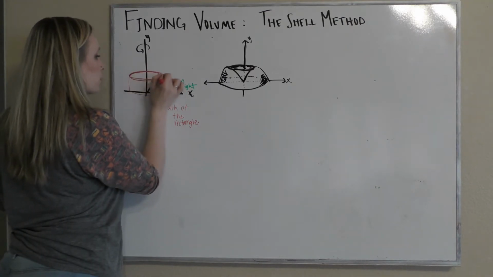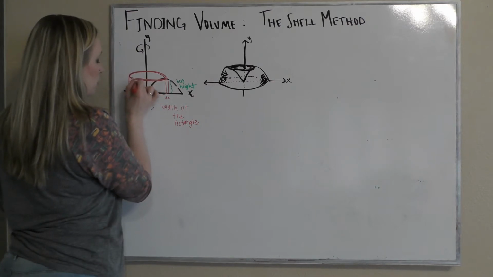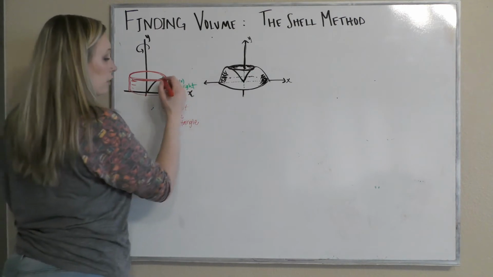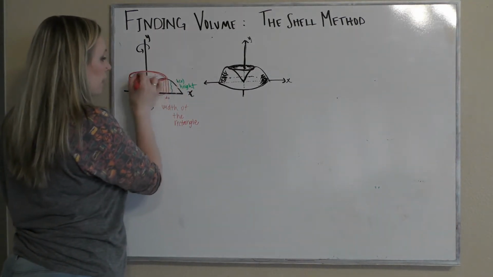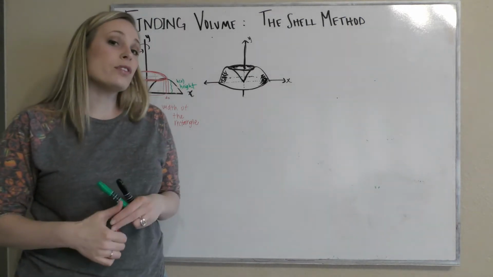The width is right here, and we've got this perfect cylinder. We're going to take an infinite number of these little cylinders and stack them inside each other, and then add all of those volumes up.